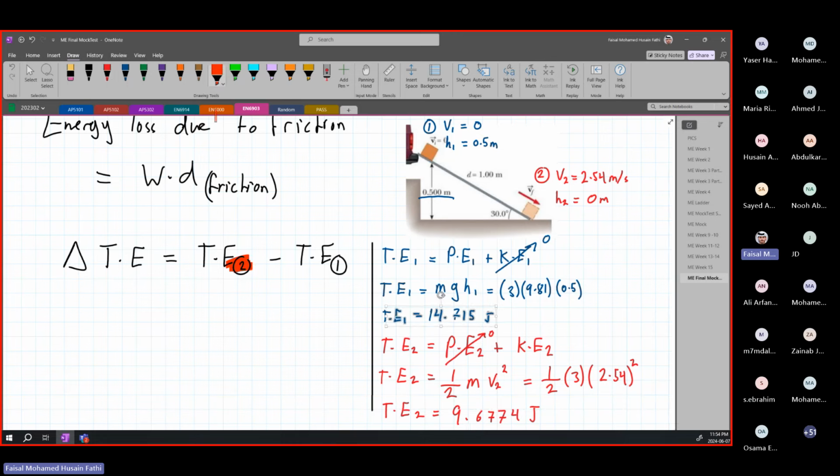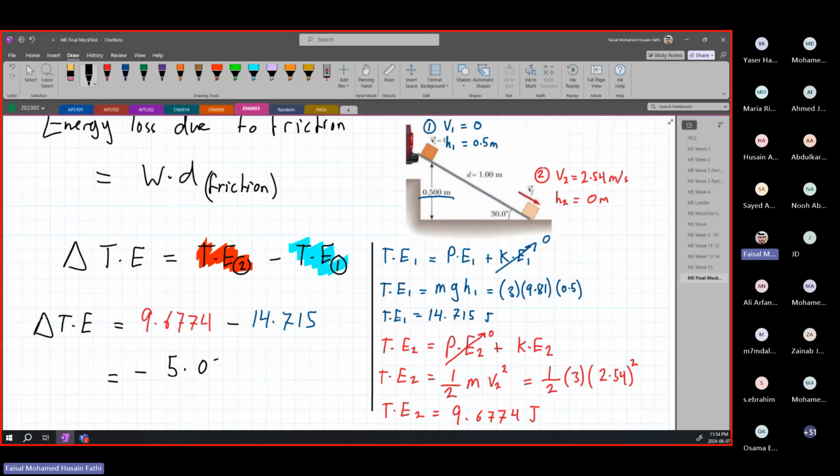Now we have found our TE2 and our TE1, and we can simply plug them in. The change of total energy is equal to 9.6774 minus 14.715. You will get a negative value, minus 5.0376 joules.